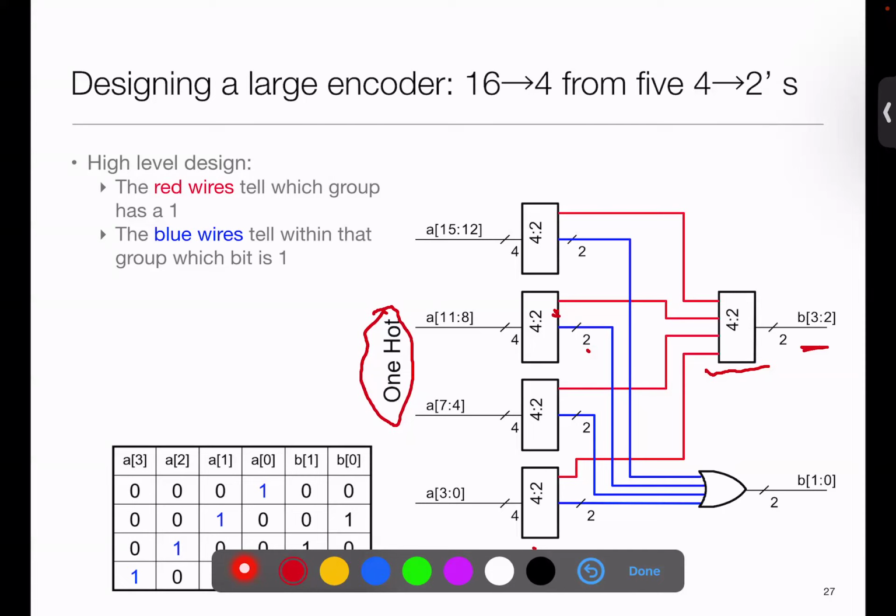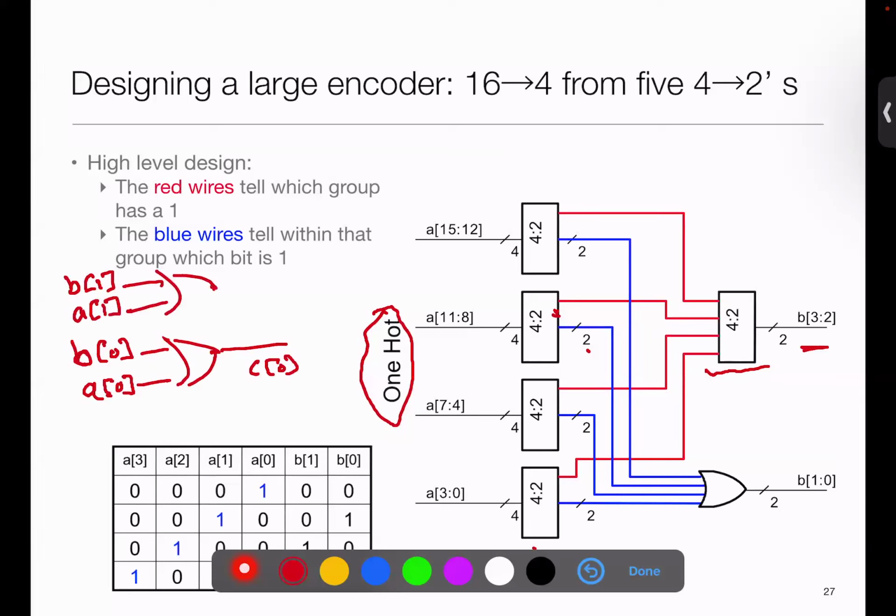So oftentimes out of convenience, what we do is the following. Let's say I'm trying to implement this.